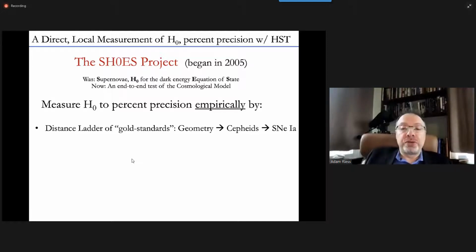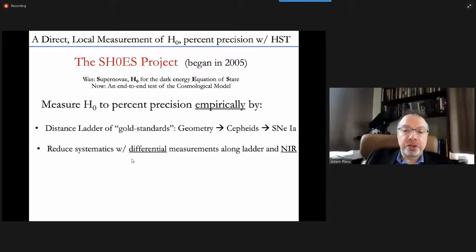And so our goal was to reach this percent level precision calibration empirically by starting out by building a distance ladder that you've heard about with the sort of gold standard tools of cosmology, geometry, Cepheid variables, and type 1a supernovae. We saw ways to reduce systematic errors over past measurements by making purely differential measurements along the distance ladder.